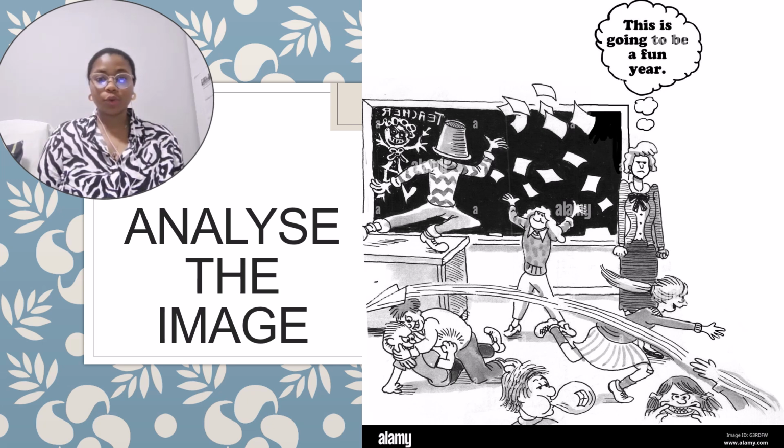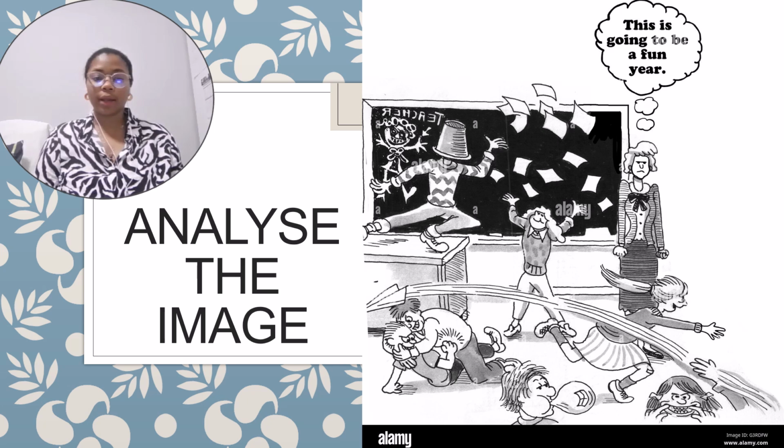Another student drew a very inappropriate drawing on the board of the teacher. There is another student running in the classroom, and the last one is a student making funny faces.